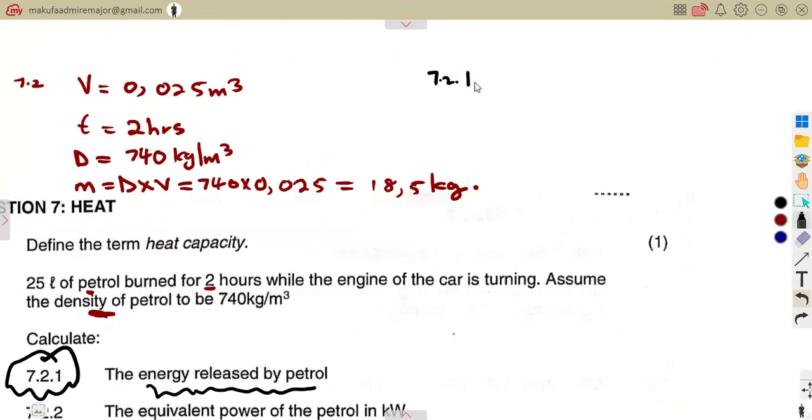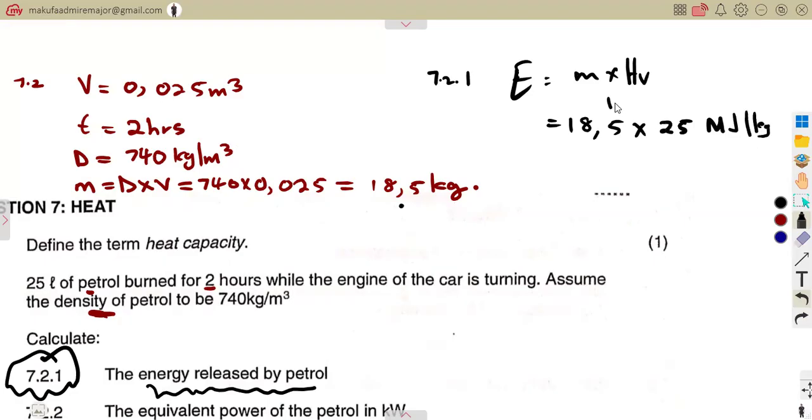So 7.21, Q, which is our energy, is mass times heat value. You can also write this as E is equal to the mass times the heat value. Remember, you calculated the mass, 18.5, times the heat value, which is 25 megajoules per kilogram.